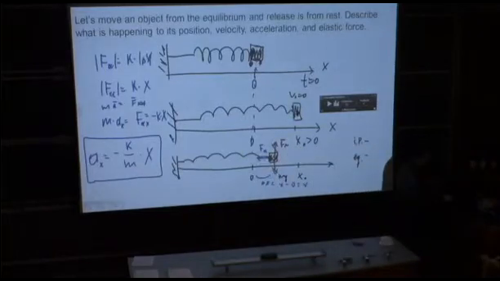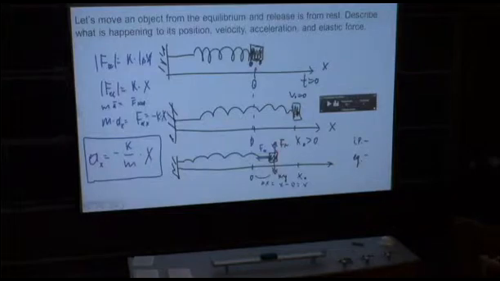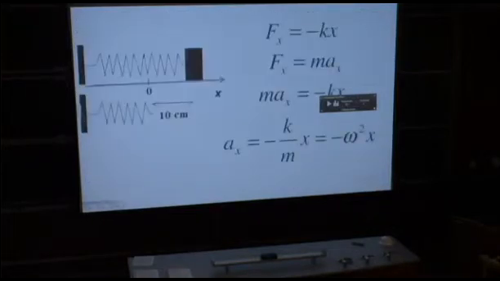So this constant has a name and a special notation. This constant is called angular frequency. We will learn in a minute why. So the standard notation for this constant is omega.